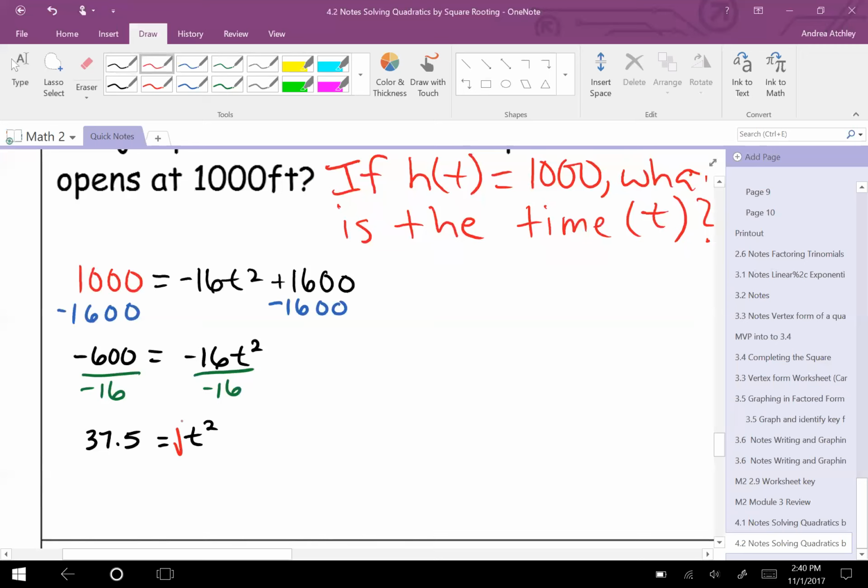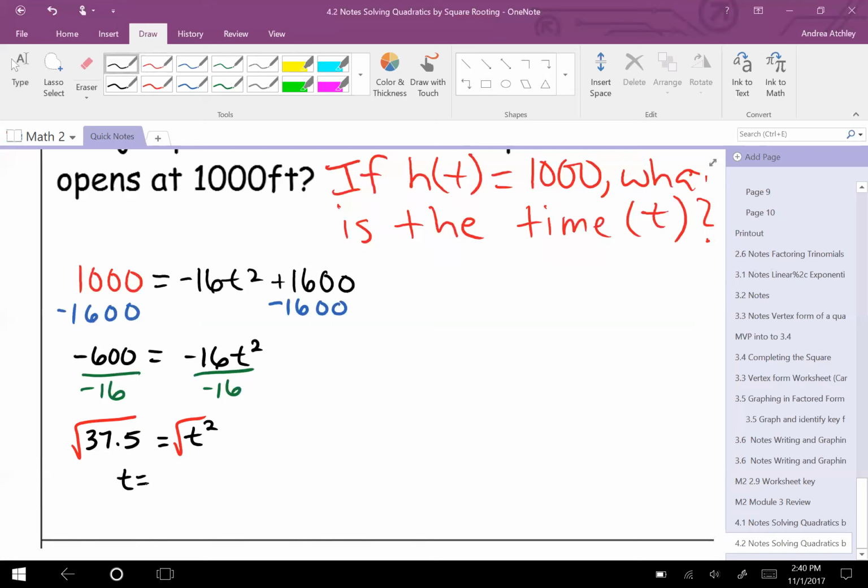Then I'll square root. I'm going to get t equals the square root of 37.5, and since I don't really understand what the square root of 37.5 is, I want an approximate value, so that makes sense to me.